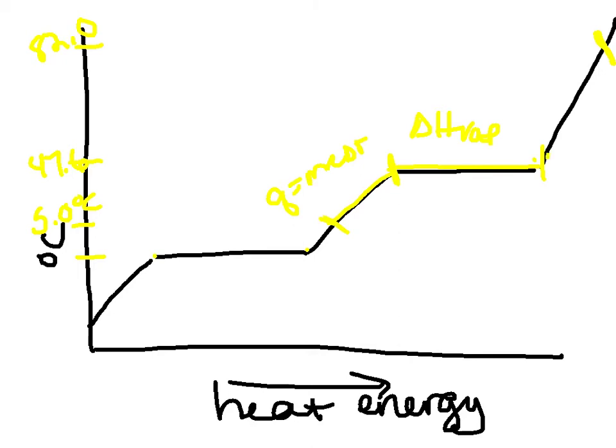So in this case, the third step is going to be to calculate that leg of the graph, where again we have a temperature change, so we will use Q equals MC delta T. And then to finish out the problem, we'll add the energy change from here to here to here. We'll add those three together, and we will get the final answer for the amount of energy needed to go from 5 degrees Celsius to 82 degrees Celsius.